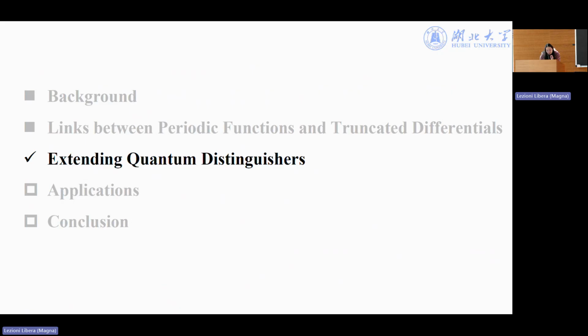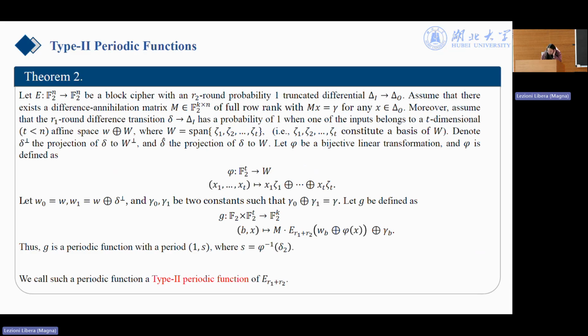We use one practical function to construct new functions and finally extend the quantum distinguishers. We can prove theorem 2. If a block cipher E has an R2-round probability 1 truncated differential from I2 to O, and O has a difference and elimination matrix.